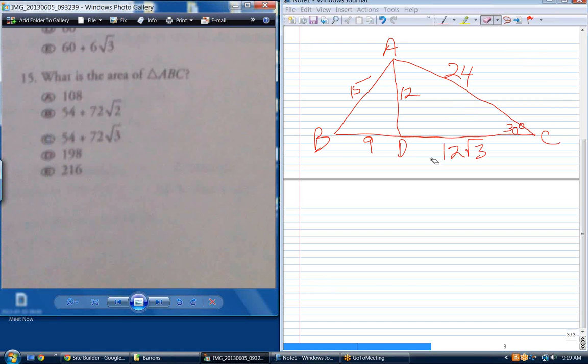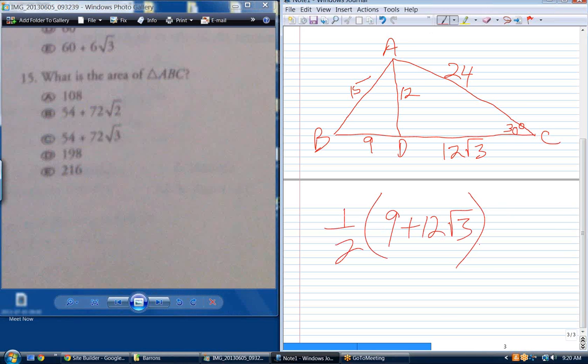What's the area of ABC? Okay, so it's going to be 1/2 base, which is 9 plus 12 root 3, times 12. So 54 plus 12 root 3.